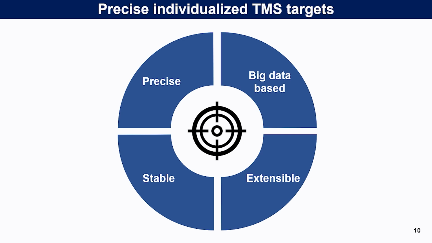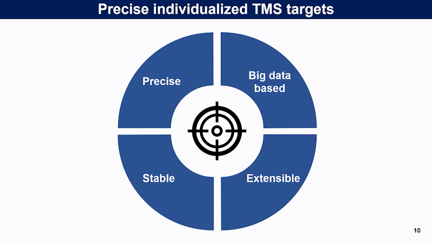So to find an individualized TMS target, we want it precise, we want it stable, like Angel already demonstrated. We also know individual data is pretty noisy, and Angel showed you maybe 15 to 20 minutes will be better, but mostly in our current group, the scan is not that long.